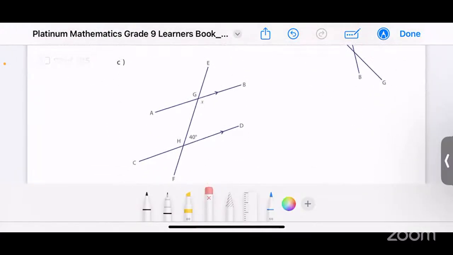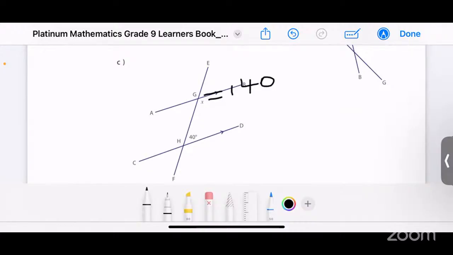Let's move to C. What is the value of X? X is 140, ne?